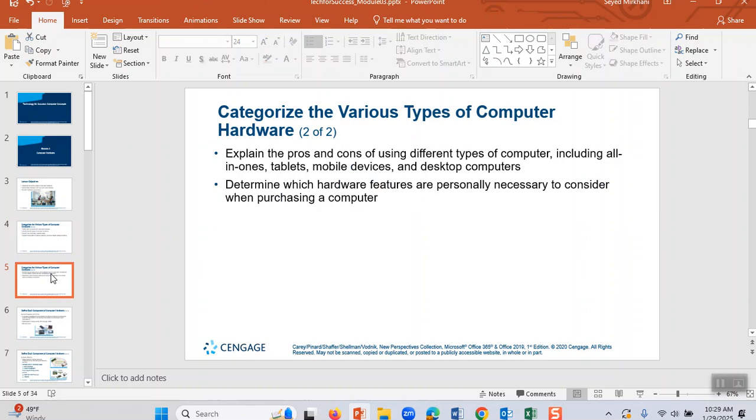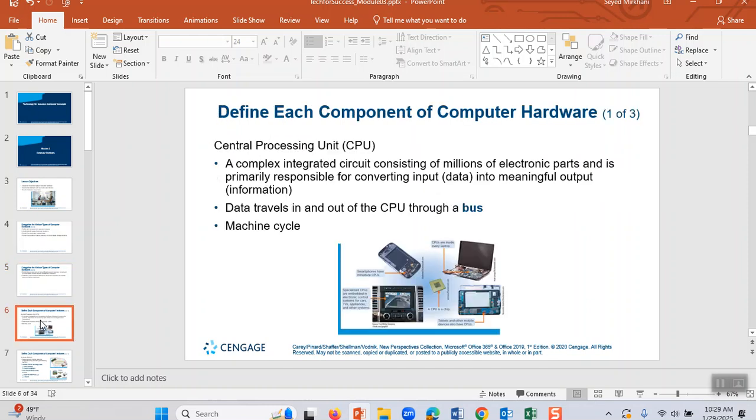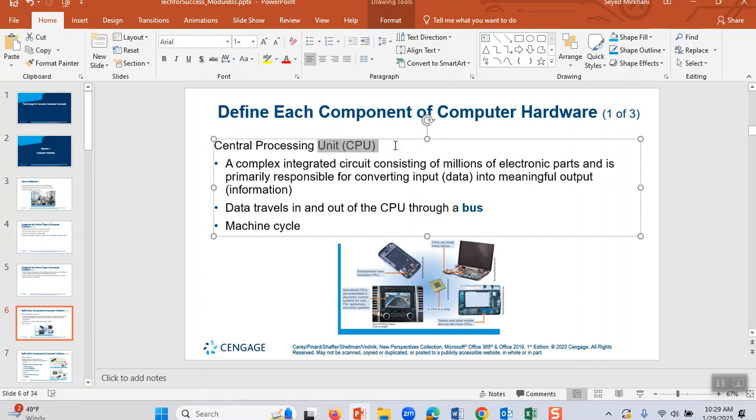And we are going to talk about the CPU, the central processing unit of computers. And as you all know, when we are talking about CPUs, sometimes we are talking about how efficient our computers can do the tasks.